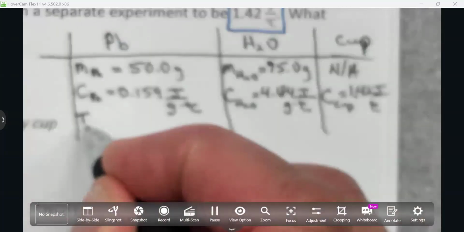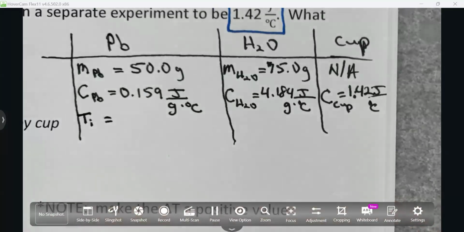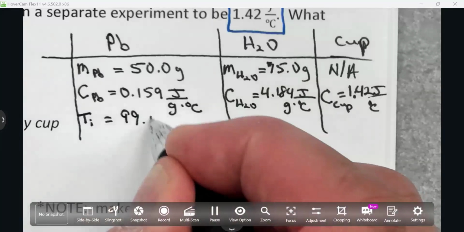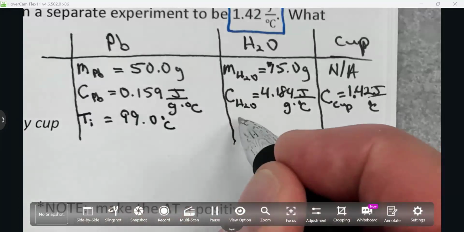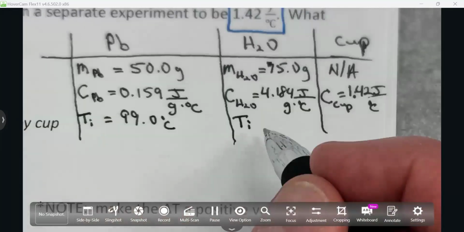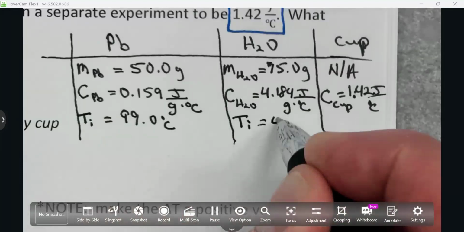My initial temperature here of the lead is 99.0. My initial temperature of my water is 4.25.